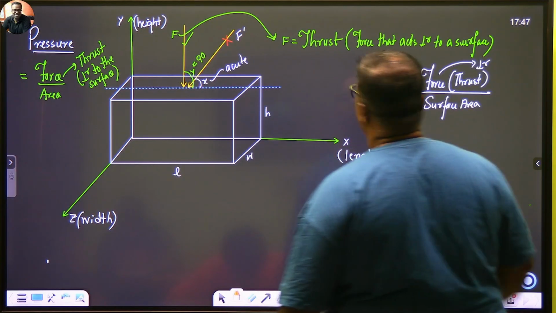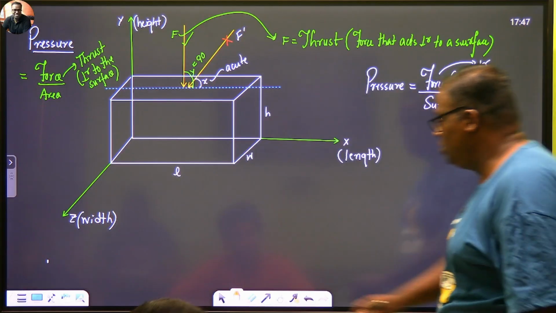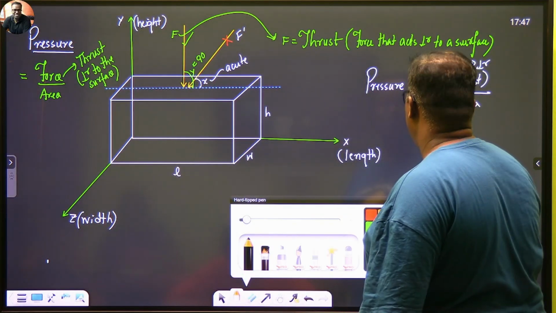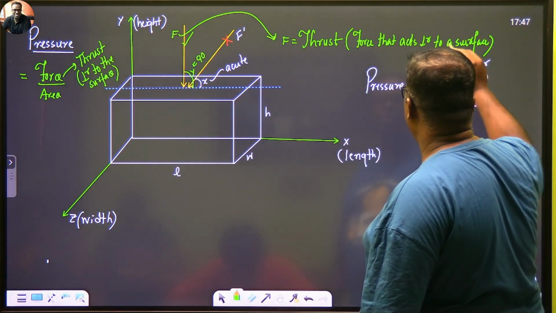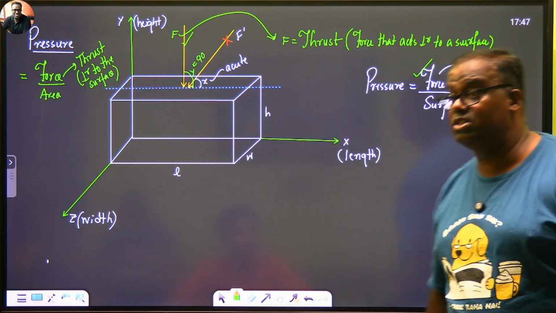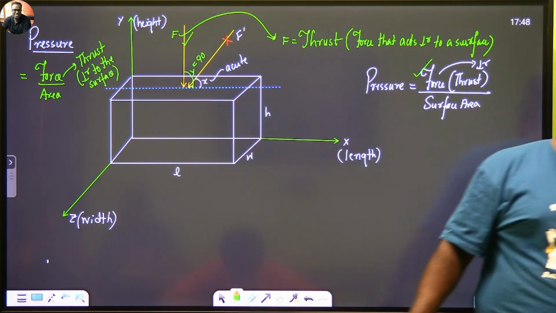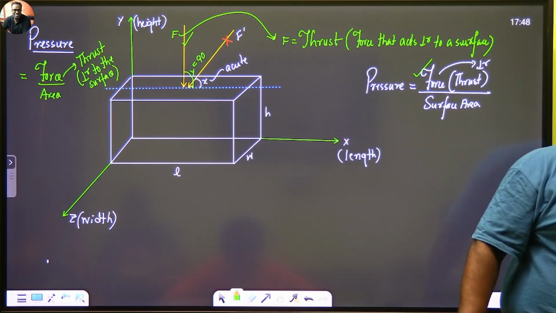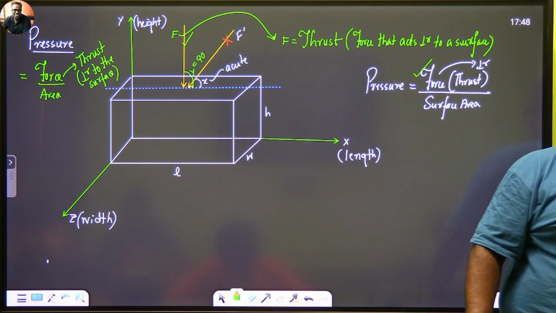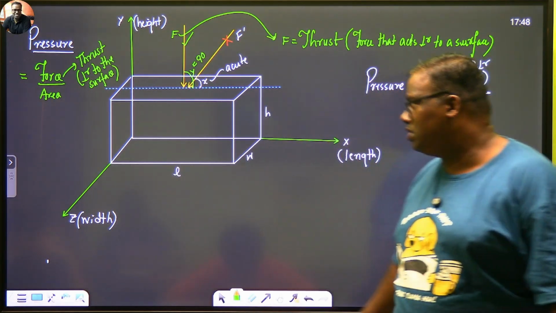And children, tell me now, what should be the surface area of this top surface? Well, the top surface area would be a rectangle whose length is L and the width is how much? The width is W, right? Because we are worried about the top surface. So the length will be L and the width will be W. I know you would say, no sir, it is looking like a parallelogram.